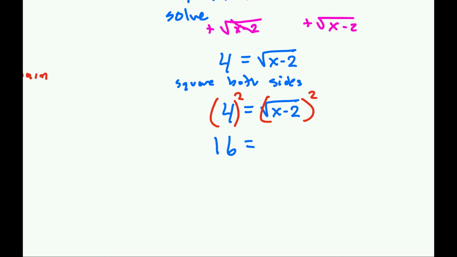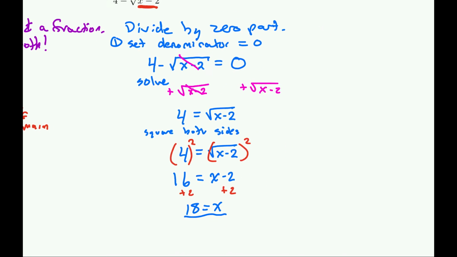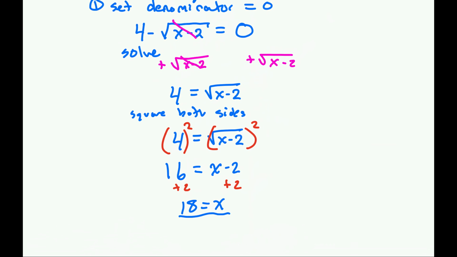On the other side, the square cancels out the square root and gives you x minus 2. And then you could add 2 to both sides. And you get x equals 18. Okay? So this x value is not allowed. Remember, when we set the denominator equal to 0, that's because that is not allowed. So x equals 18 is not allowed.